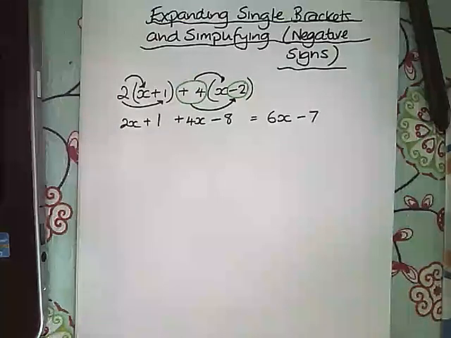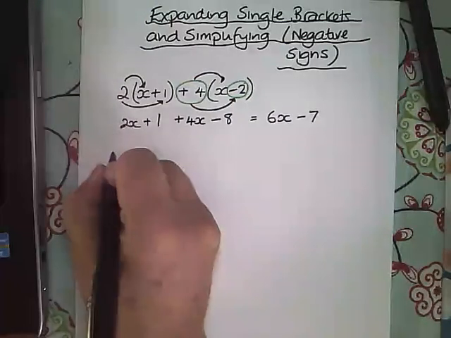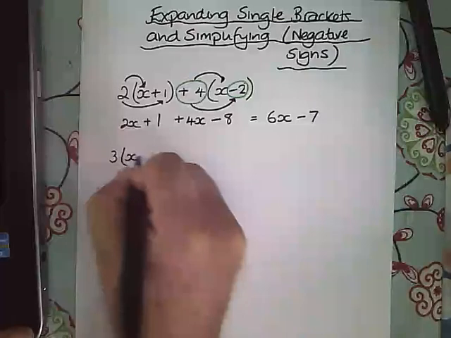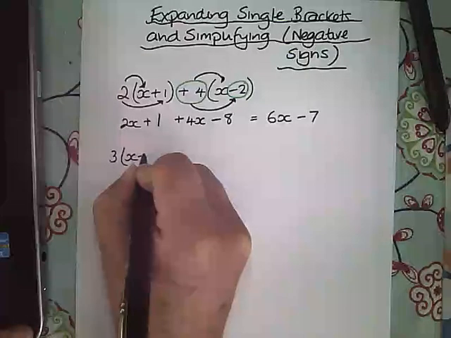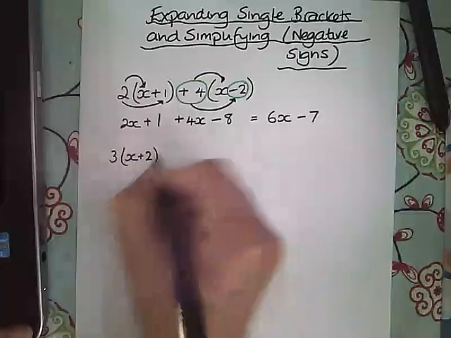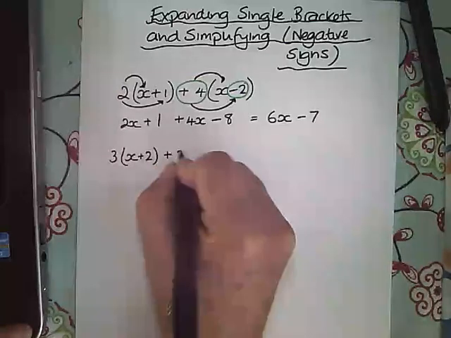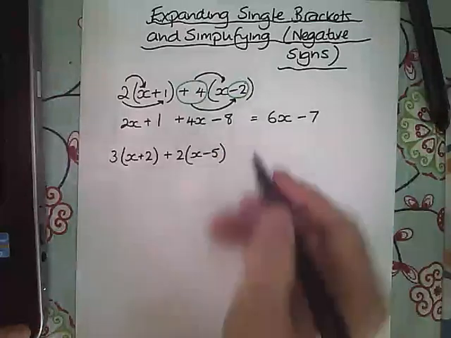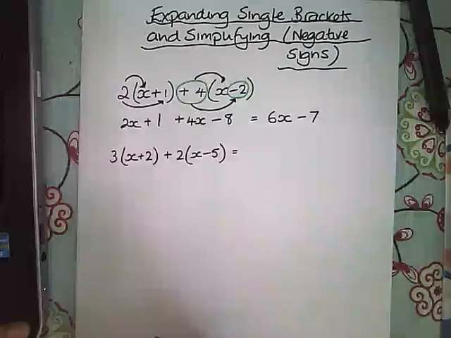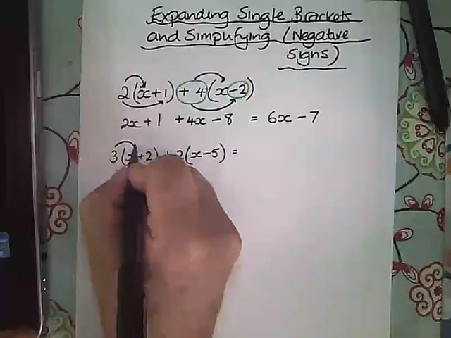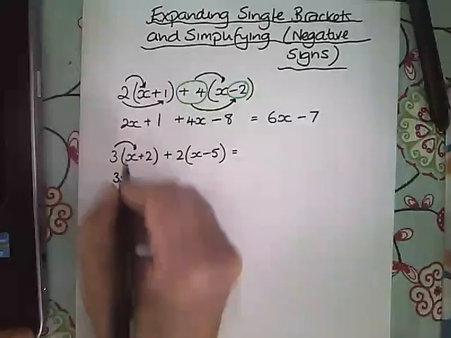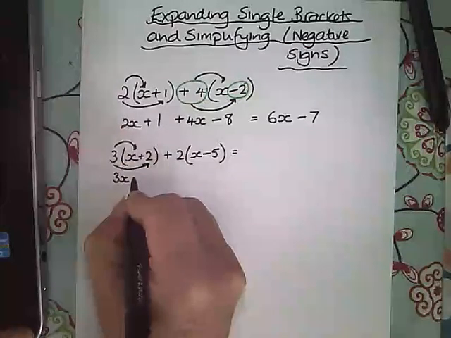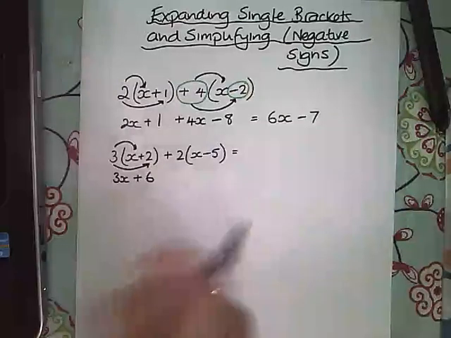Let me just do another example where it looks like this, and then I'll move on to where we've got a negative sign outside of the bracket. 3 brackets x plus 2, add 2 brackets x minus 5. Okay, so this is very similar to the top one, just different numbers. 3 times x is 3x, 3 times 2 is 6, everything's positive, happy days.